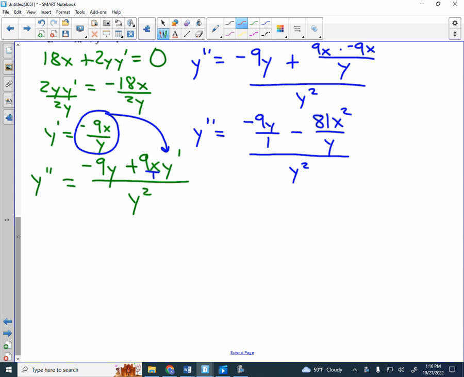In order to subtract these, I have to have a common denominator. So I multiply top and bottom by y. So I've got a y there and a y squared there now, don't I? Okay. So y double prime is negative 9y squared minus 81x squared over y, all over y squared over 1.